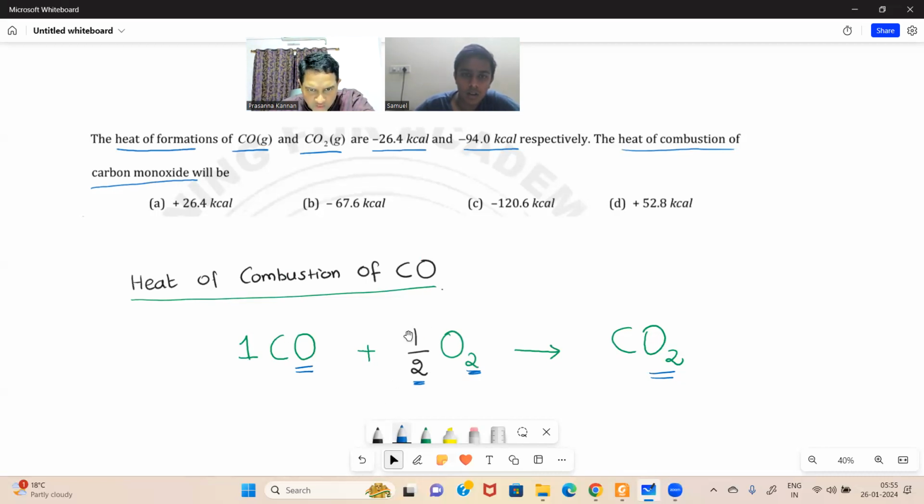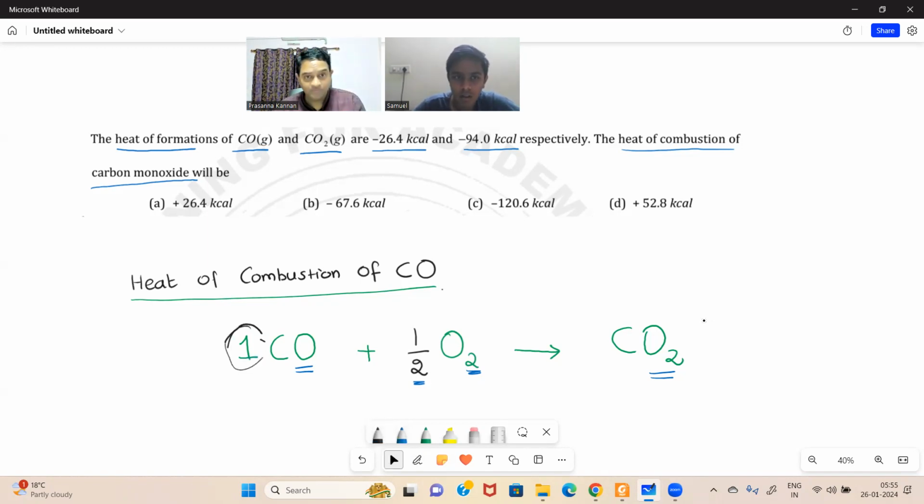See here, you don't usually want to deal with fractions, right? So you'll multiply it by 2, correct? 2CO plus O2 will give you 2CO2, which is more comfortable to deal with. But you will do that in any other chapter, not in thermodynamics. Why? Didn't I tell you that you should not change this?